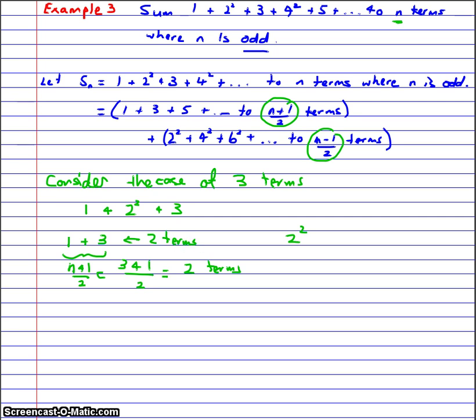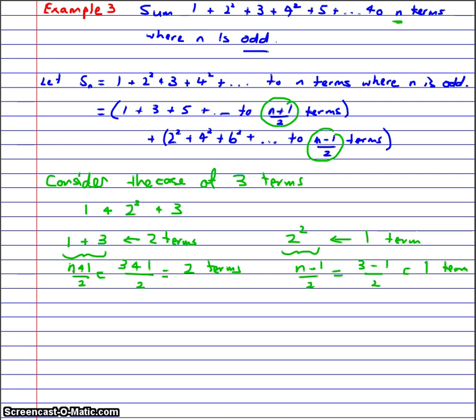For this one here, this is n minus 1 over 2 terms. There's 3 terms, that's 3 minus 1 over 2, which is 2 over 2, which is 1 term, which is what we've got.